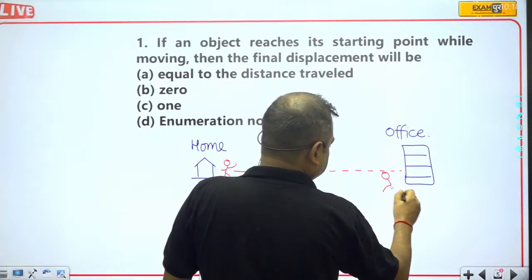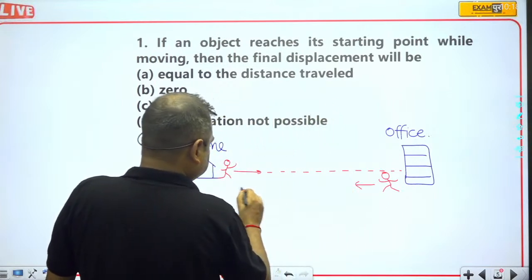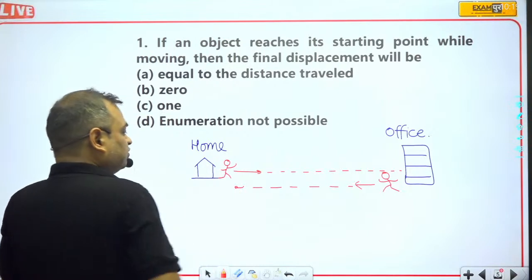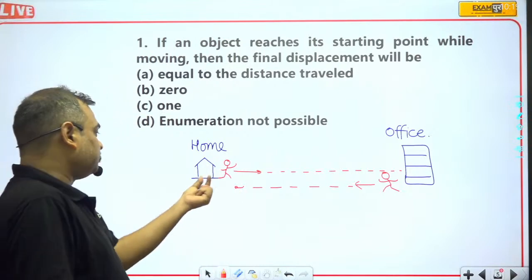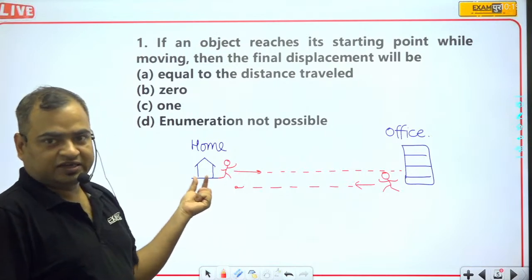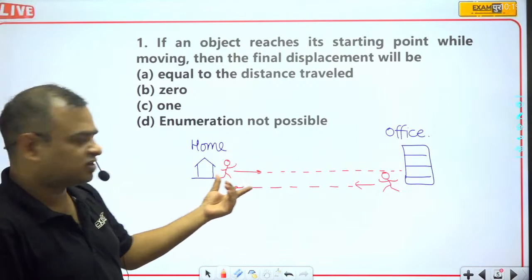So he initially started moving from his home, and finally he reached his home after some time, after 4 hours or 6 hours or 8 hours.